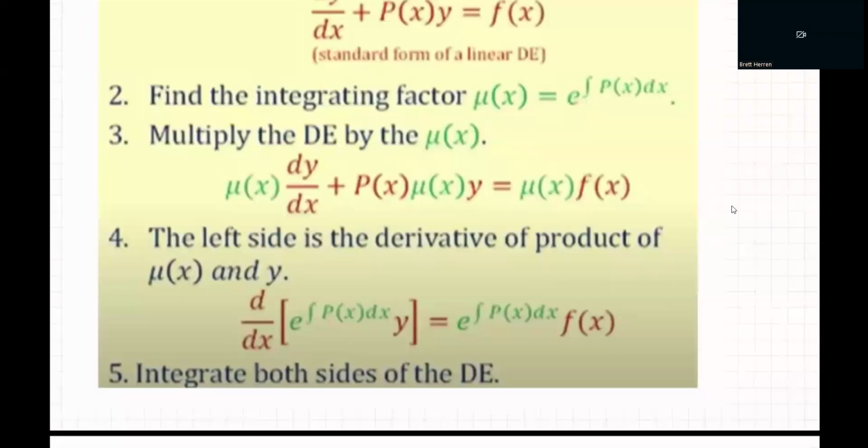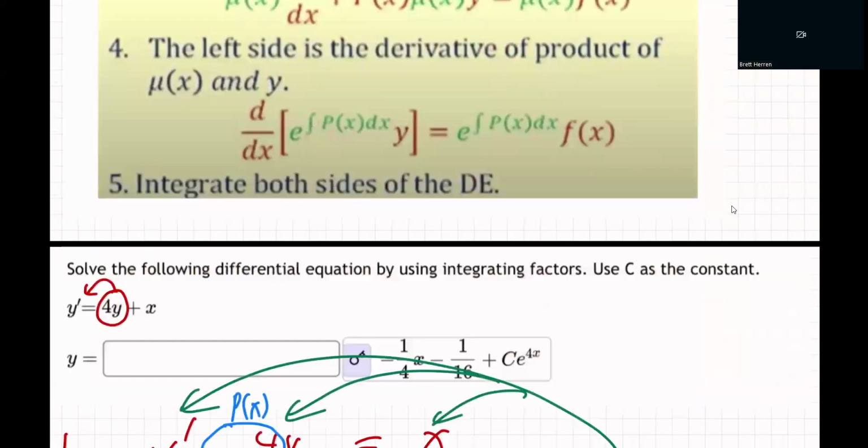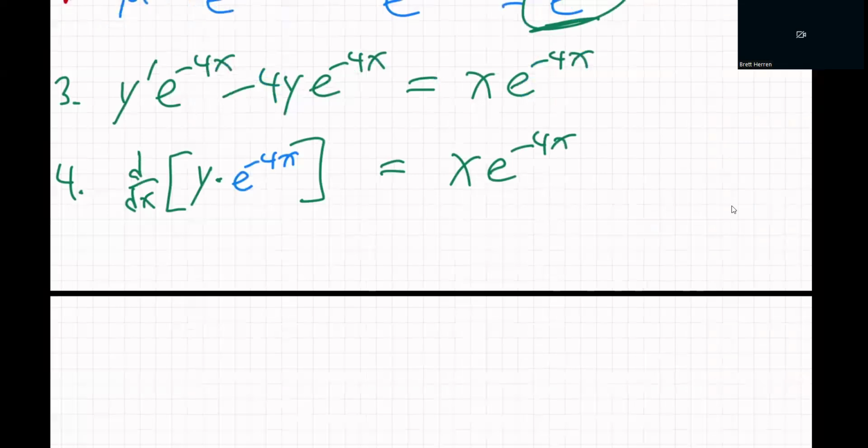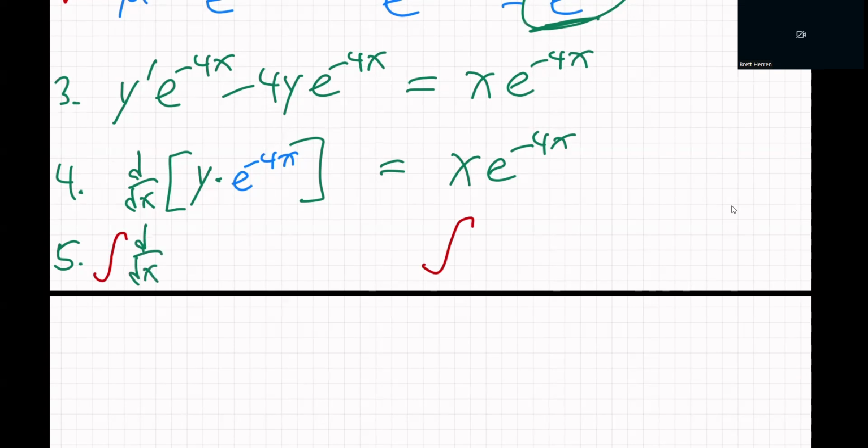Step five, integrate both sides of the differential equation. So we're going to take the integral of d dx of y e to the minus 4x equals the integral of x e to the minus 4x.